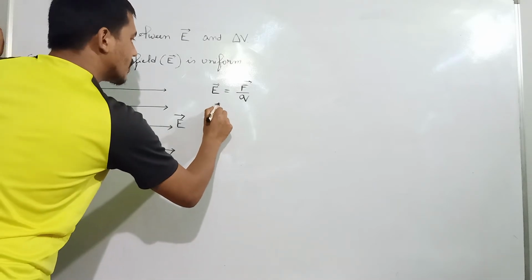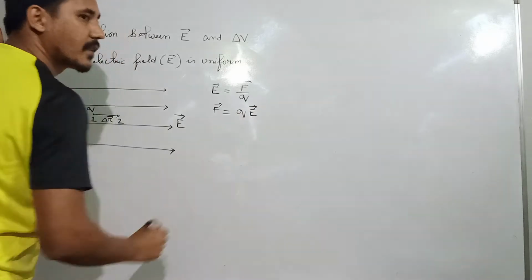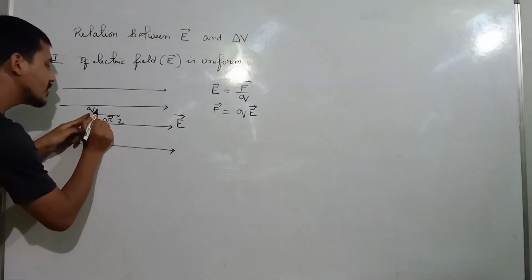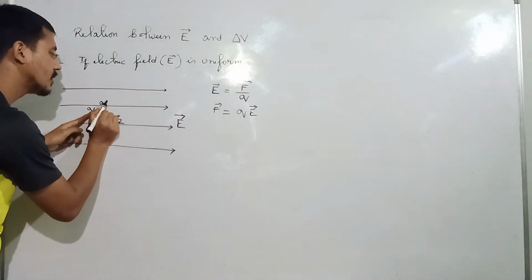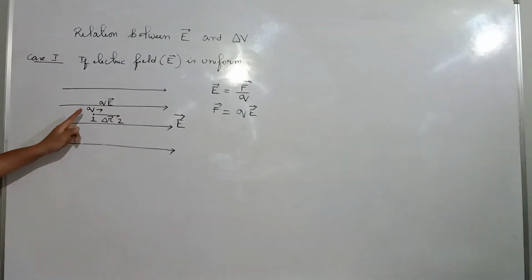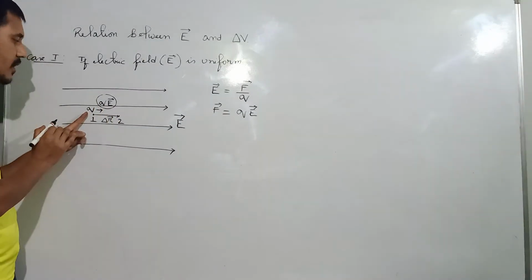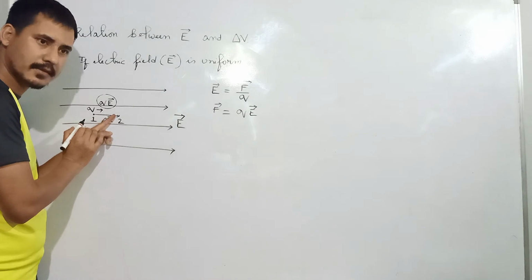So the force will be given by Q times E. So this charge Q placed at 1 will experience a force in the direction of the field, known as QE. So this charge will experience this much force and it will move in the direction of the field.